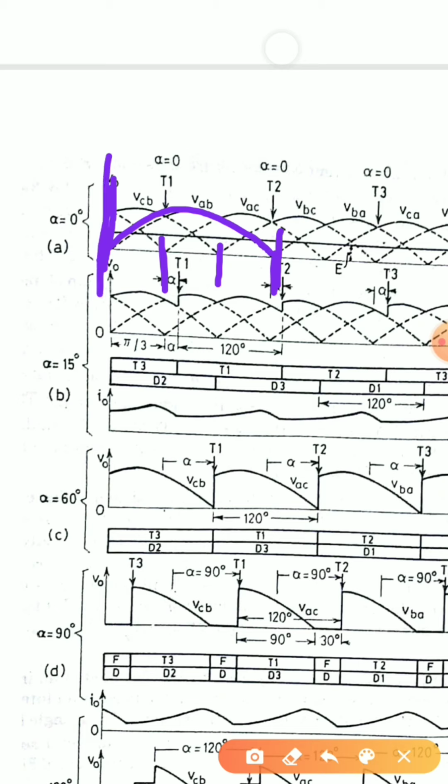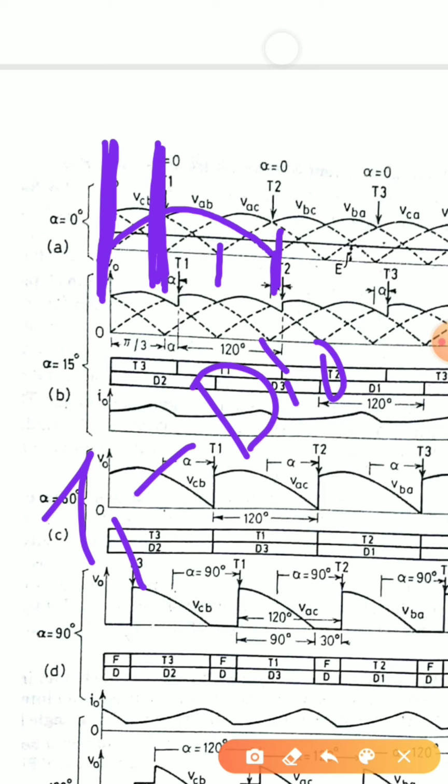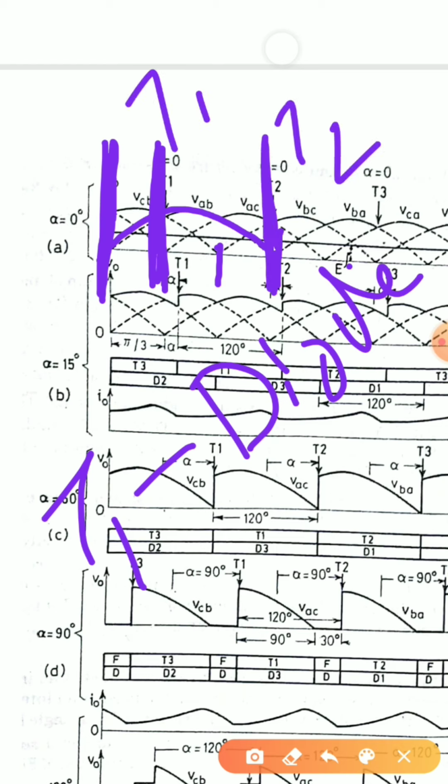If I give the firing pulse at 0, my thyristor T1 will turn on at this point. As I have said, T1 and the diode pair will conduct for 120 degrees. After 120 degrees, thyristor T2 will turn on. Again after 120 degrees, thyristor T3 will turn on. So from this it is quite clear.